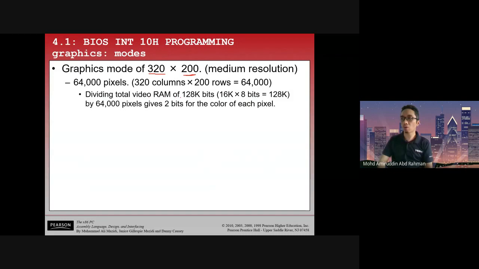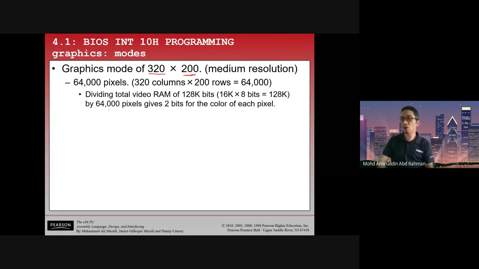If you have video RAM of 16K times 8 bits, you get 128K bits.